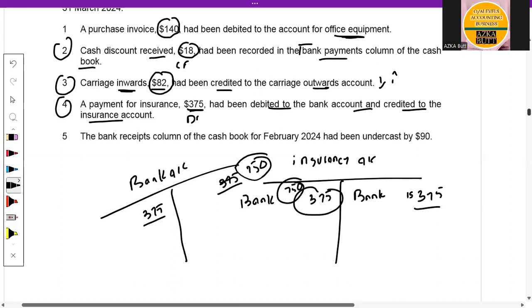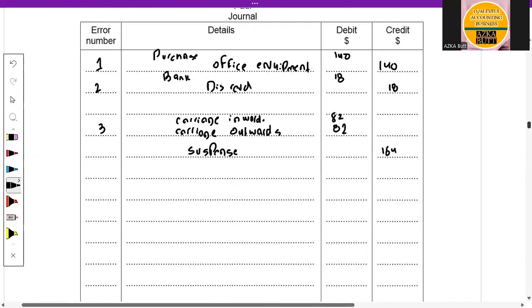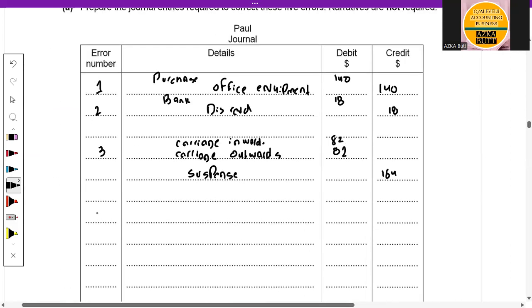So 750 and 750. Insurance is 750 and bank is also 750.